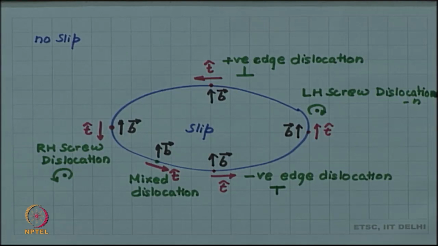But it is possible to have a loop which does not change its character. This kind of loop is known as a prismatic dislocation loop.